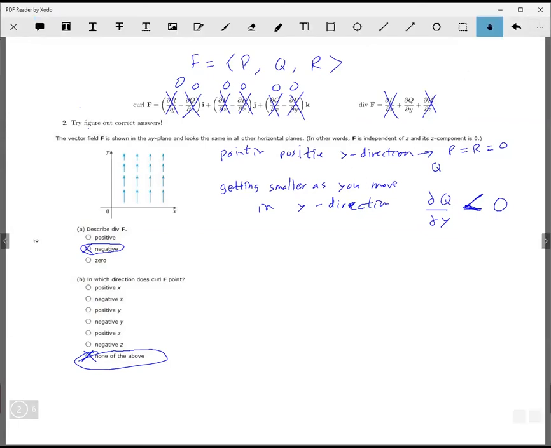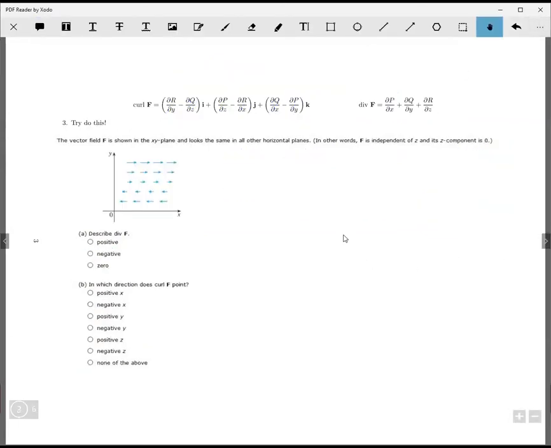Okay, great. So let's take a look at the next one. What direction are these pointing? To the left and to the right.